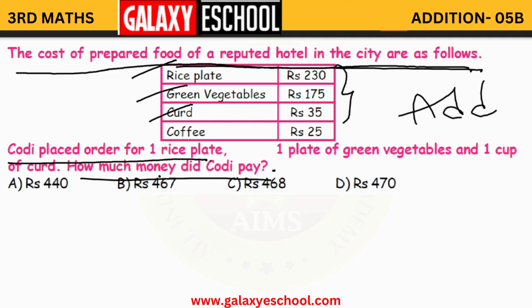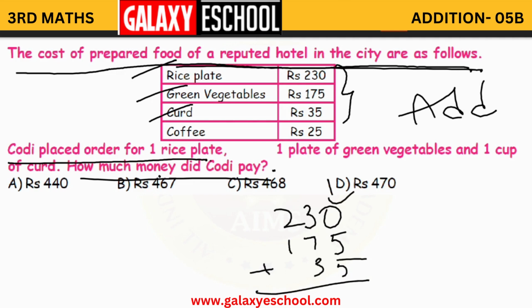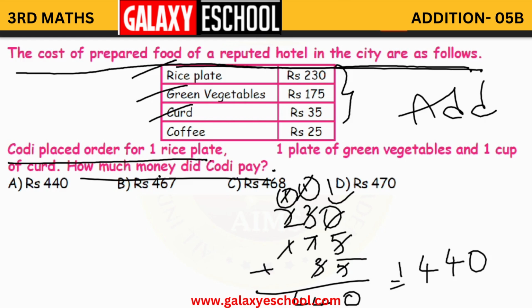By adding 230 plus 175 plus 35. Now coming to the ones place, 0 plus 5 is 5, 5 plus 5 is 10, 0 here, 1 carried. 1 plus 3 is 4, 4 plus 7 is 11, 11 plus 3 is 14, again 1 carried. Now 1 plus 2 is 3, 3 plus 1 is 4. So the correct answer is 440 rupees.